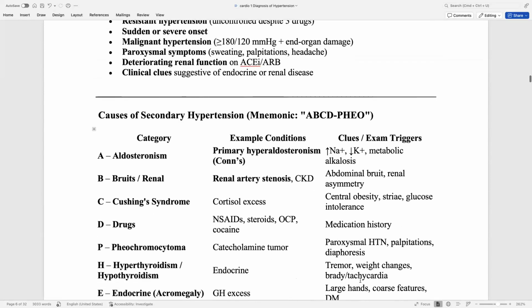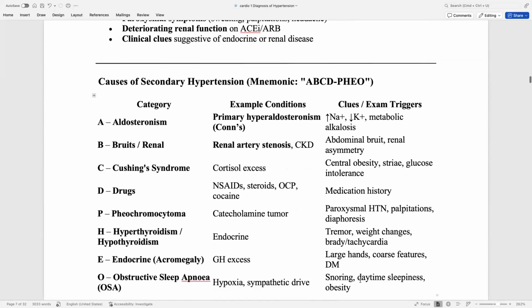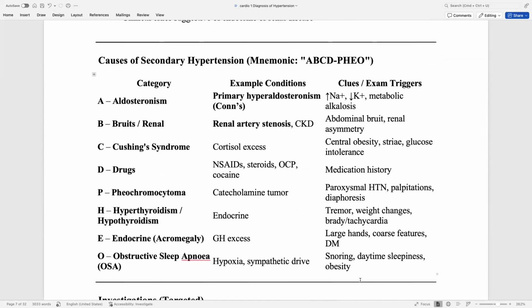What are the causes we need to put as a differential diagnosis? Primary hyperaldosteronism. The aldosterone production from the adrenal gland is high. The adrenal becomes crazy and produces high aldosterone.